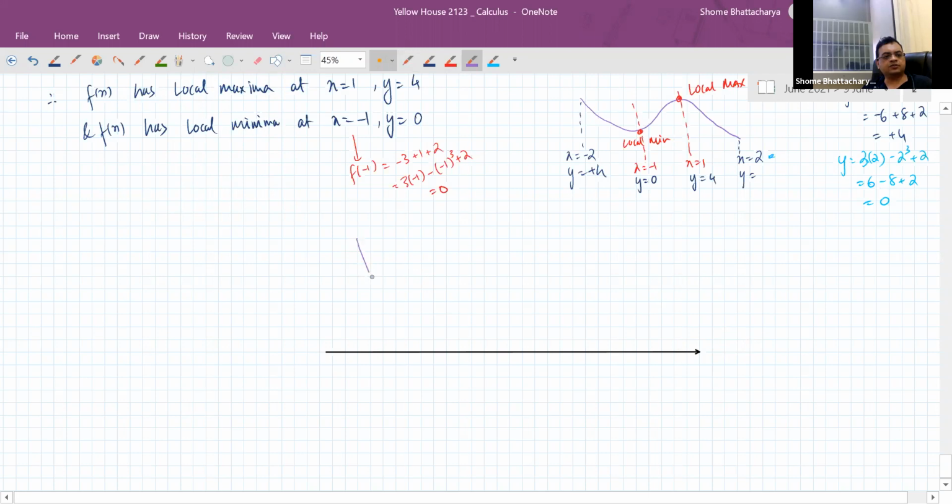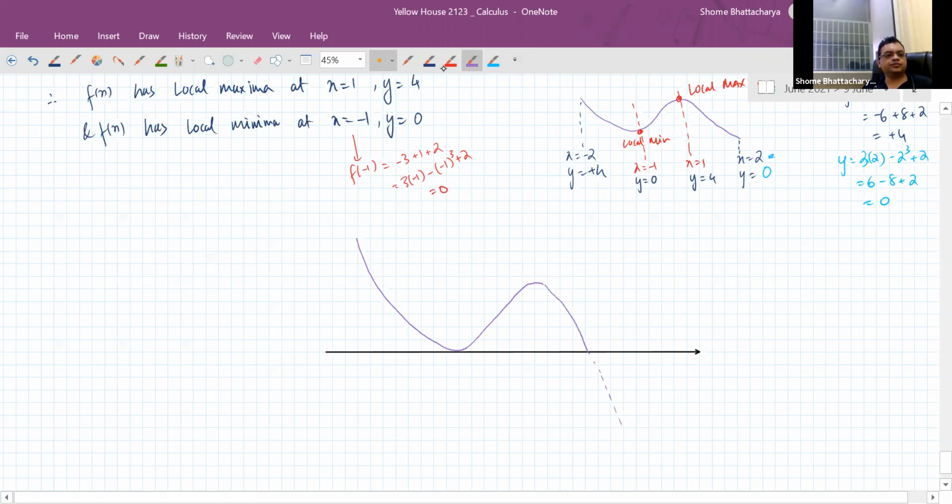Starting from a value of +4 when x is -2, it dips all the way to y equal to 0 at x equal to -1. Then it increases all the way to 4 at x equal to 1, and then it comes to 0 at x equal to 2. In the limited domain, I will make the graph only up to this point.